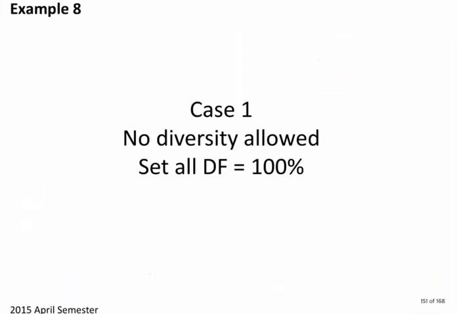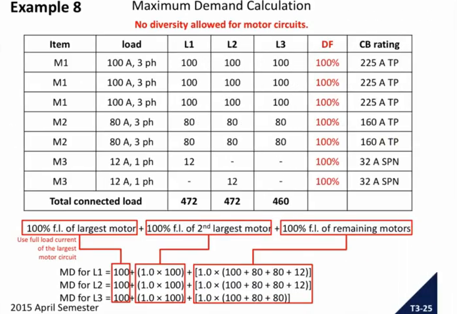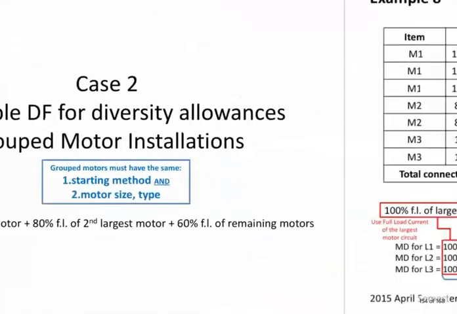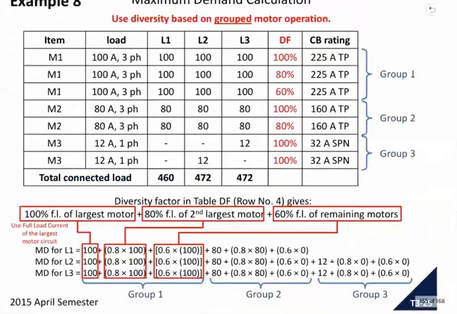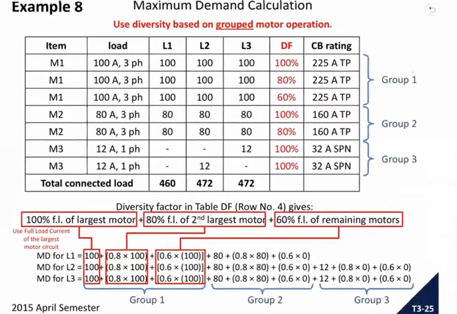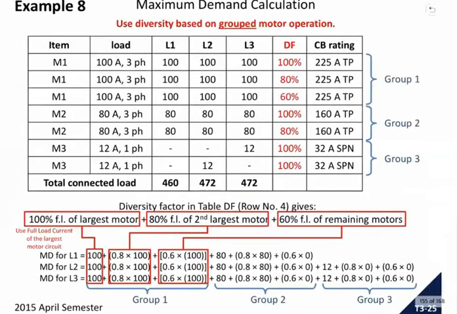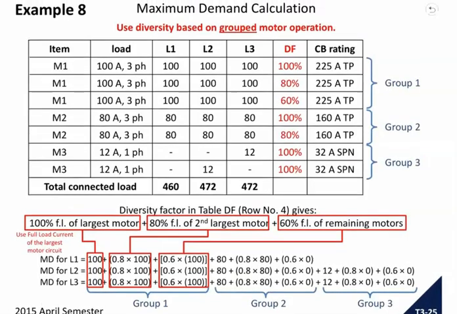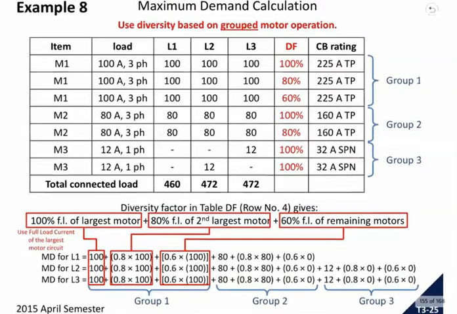We will skip this case where we don't allow diversity. We will go straight to the case where we allow diversity. So as a reminder again, for a three-phase system, we will be using the largest phase for our calculation.